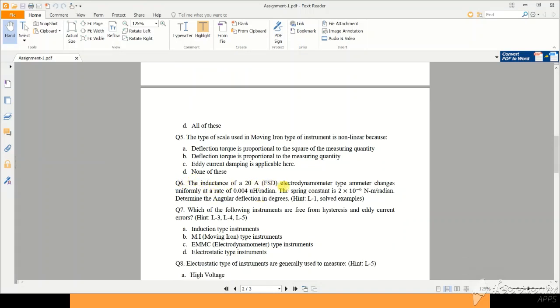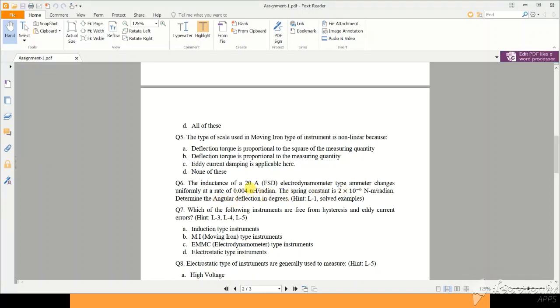I will not solve this. It is around 45 degrees, something like that. It is very easy. The previous session, solved numerical session 1, contains a video of this. So here controlling torque equals deflection torque, that is TC equals TD, and TC is equal to K into theta. K is given as the spring constant. We need to find theta in degrees.